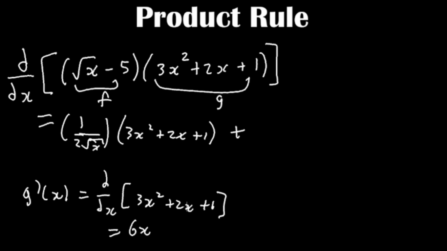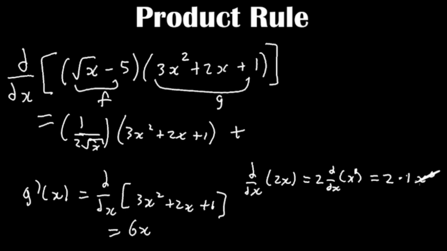Now this 2x, differentiating 2x, we can pull out that 2, so that's 2 times the derivative of x. So this is just x to the first power, so you can bring that 1 down. This is 2 times 1, right? x to the 0 is just 1, so we can ignore that. So that's just 2. So this is 6x plus 2, and this constant term is just going to go to 0.